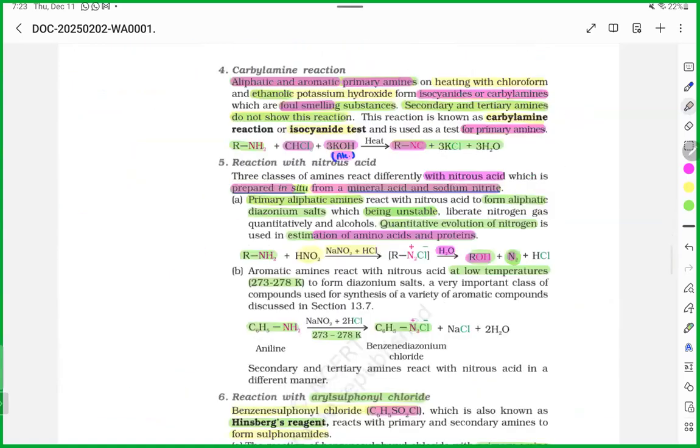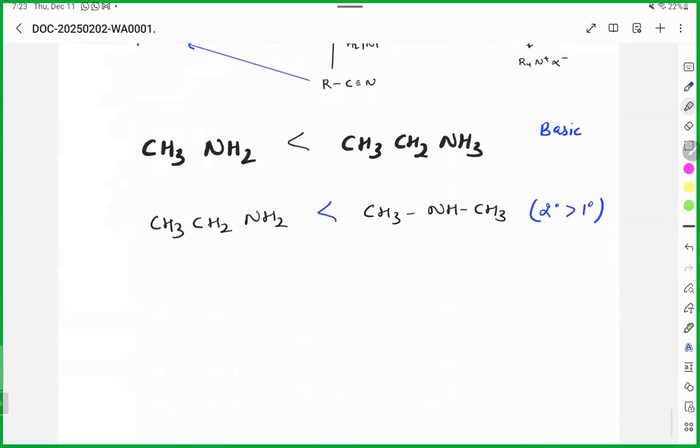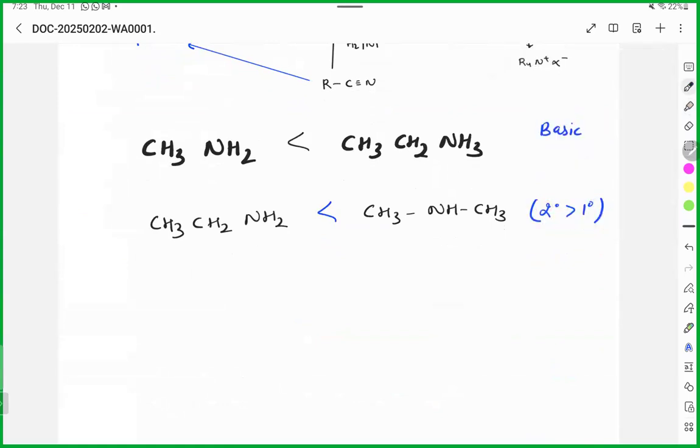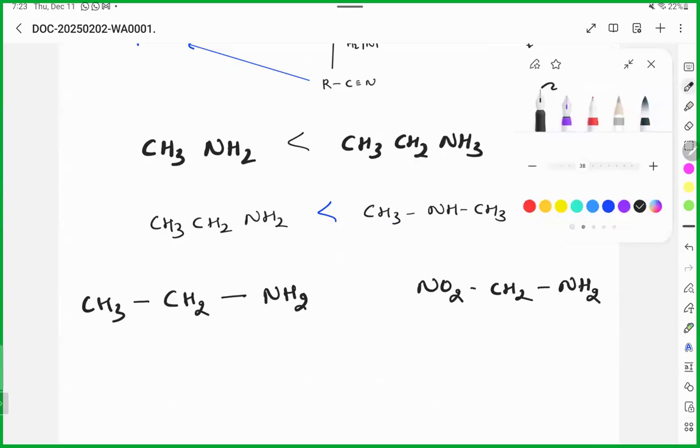Okay. So I will add the last point from this chapter. If you have this CH3CH2NH2 and then CH3 NO2CH2NH2, which one is more basic?